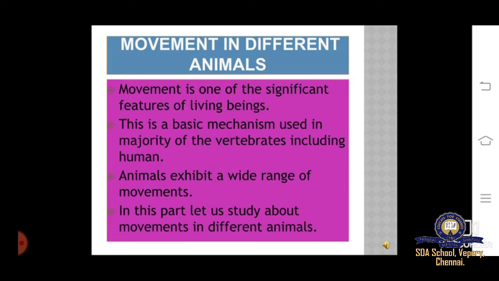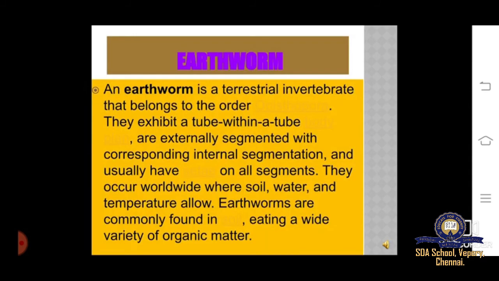In the beginning itself, we saw in one picture that, based on its needs, an animal can move from a slow, gentle walk to jumping and running. Earthworm: in that picture we saw it is an invertebrate. Why is it an invertebrate? It belongs to the order that exhibits a tube within a tube because it doesn't have any backbone in its body.